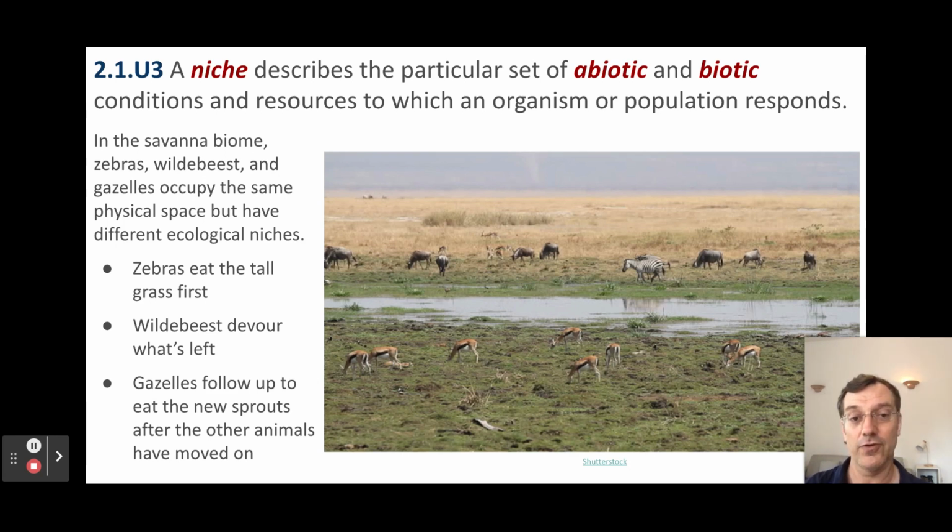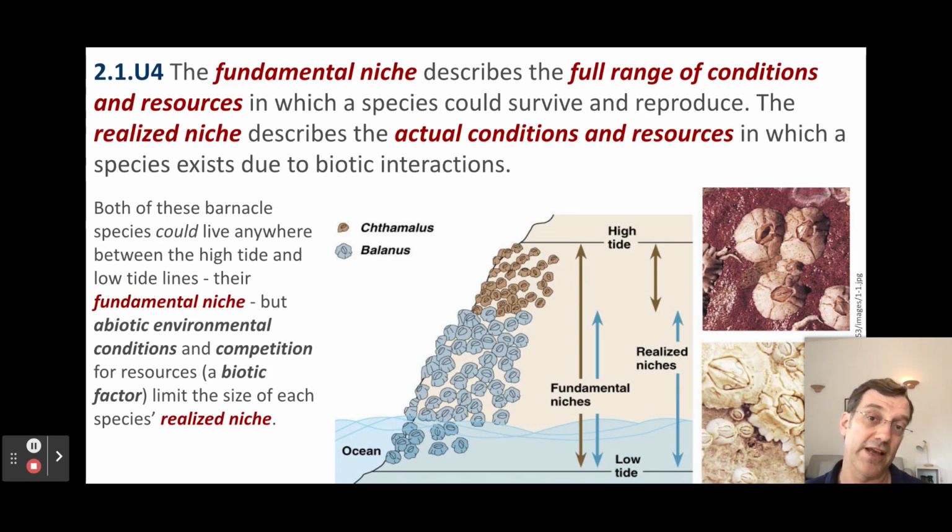And then after the grasses have recovered, the gazelles follow through. And what the gazelles focus on are the brand new shoots that come up. So in this way, the constant changing of vegetation supports different populations of animals.